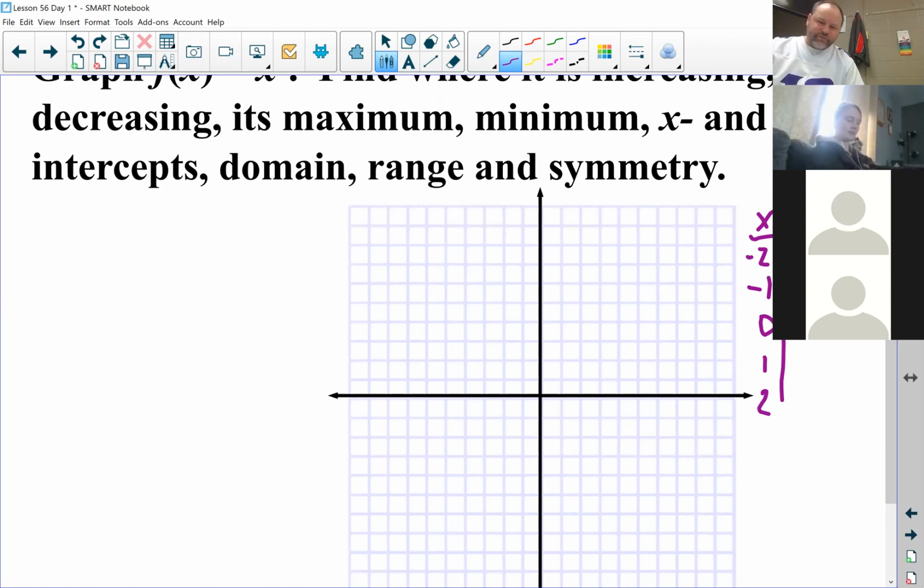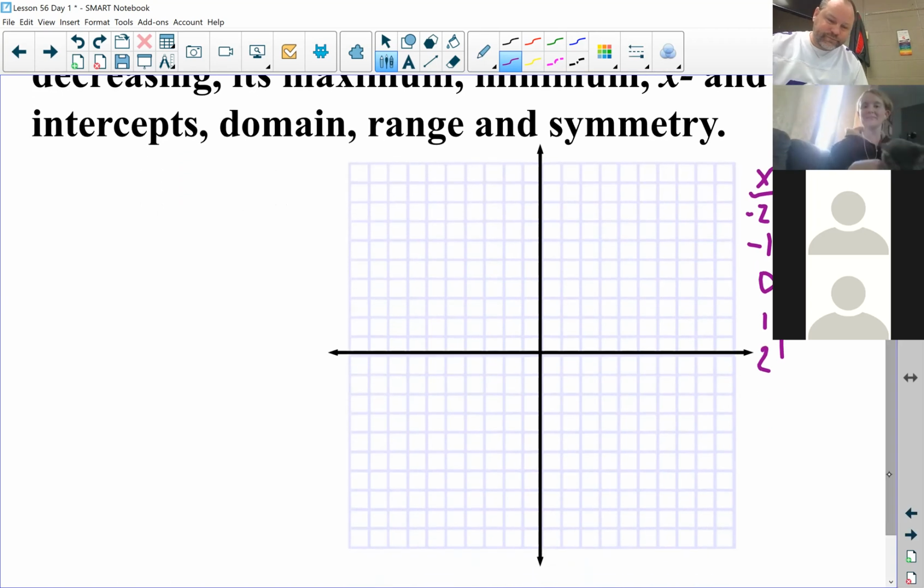-1 cubed, -1 times -1 is 1, times another -1 is -1. Tough one here, 0 cubed. 0, okay, good. 1 cubed. And 2 cubed.